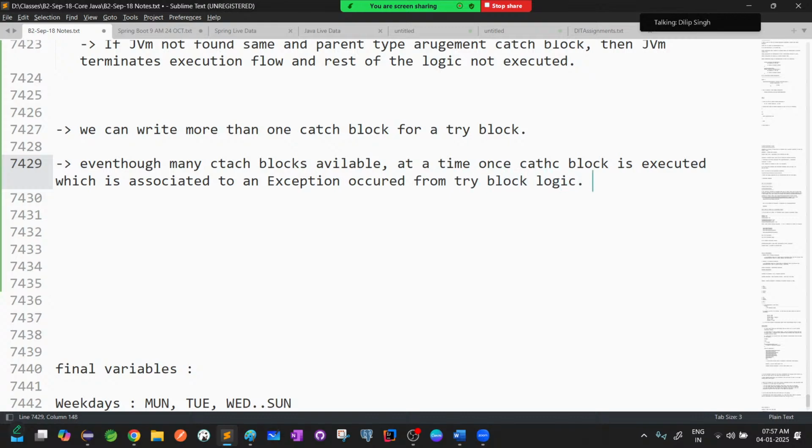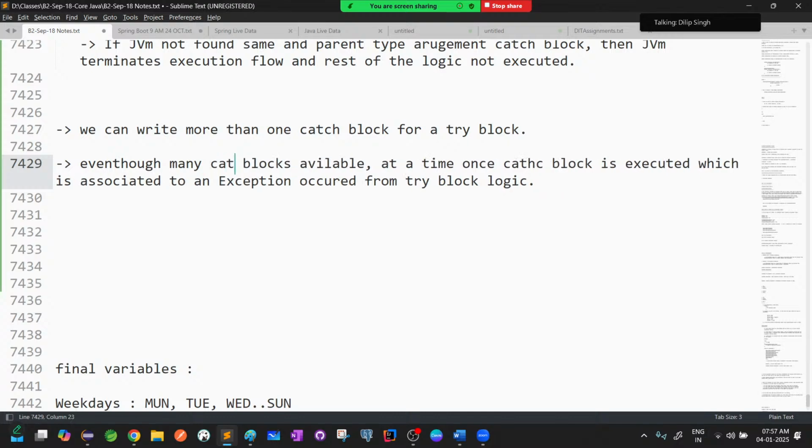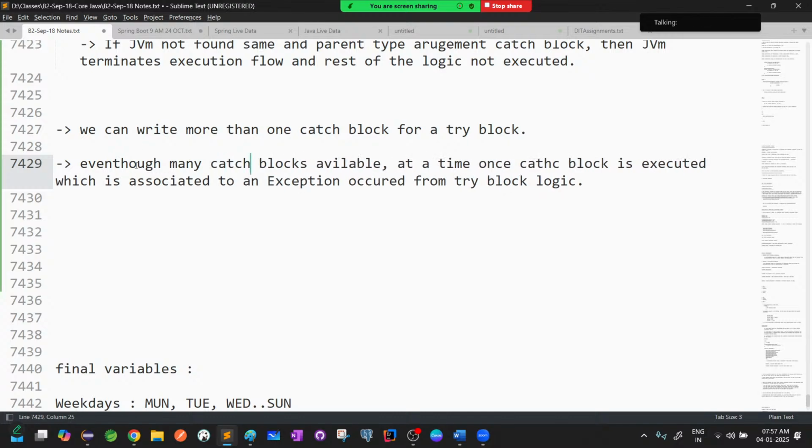Whatever exception occurred from the try block logic, if any catch block is available for that exception, that catch block will be executed. Even though many catch blocks are available, at a time only one catch block will be executed, guys.